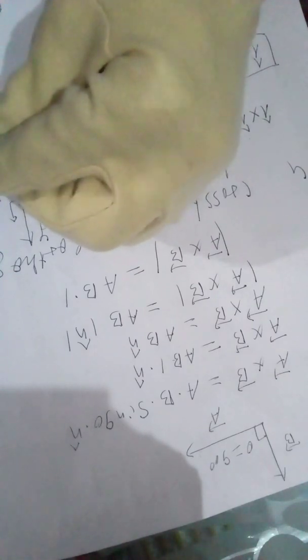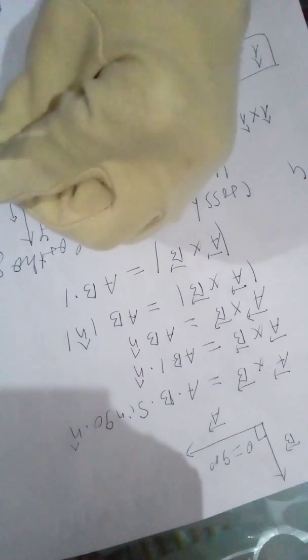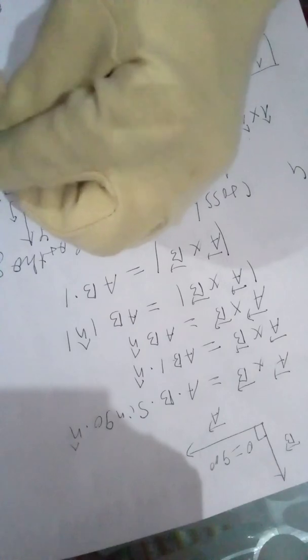So the direction of i cross j is along the z axis, and the unit vector along the z axis is k cap. So we write here k cap. So i cross j is equal to 1 into 1 into sin 90, which is 1, k cap. So i cross j is equal to k cap.